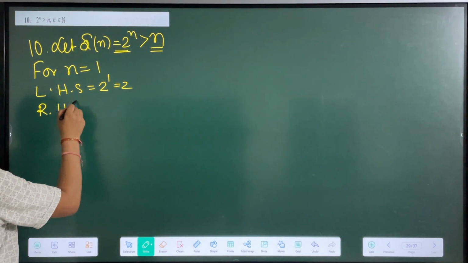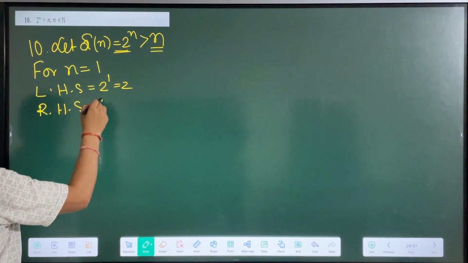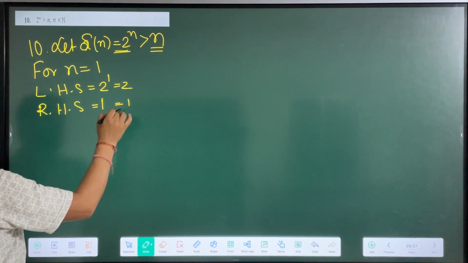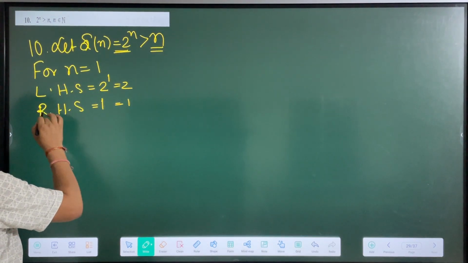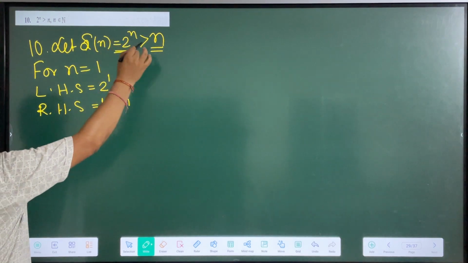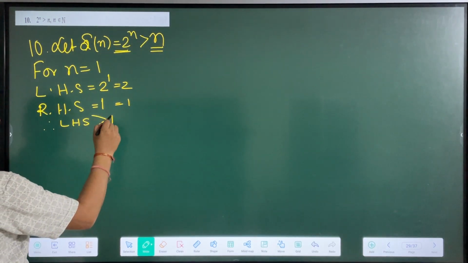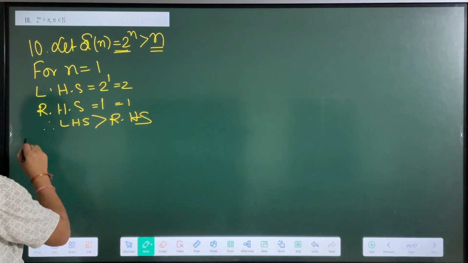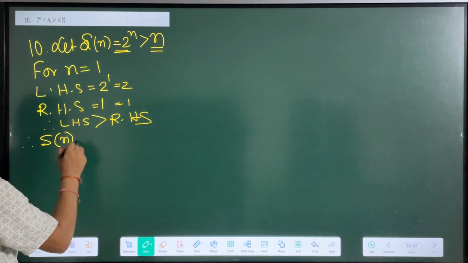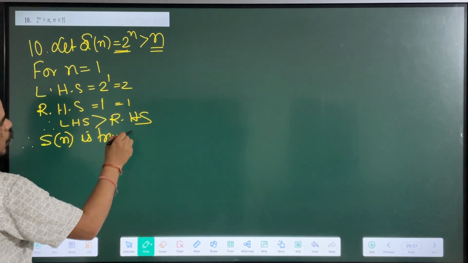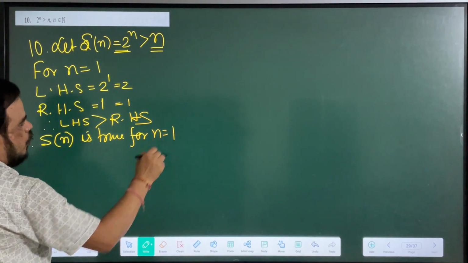Right hand side: n, and I will add 1 only, so 1. LHS is 2, RHS is 1. LHS is greater than RHS. Therefore, Sn is true for n equals 1.